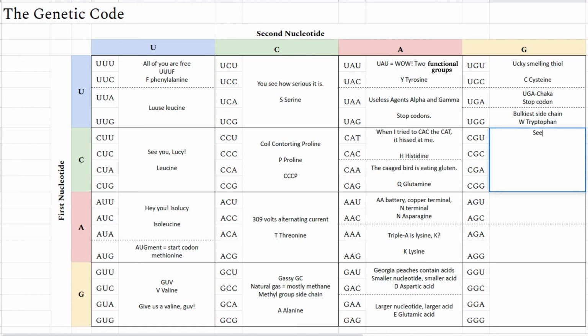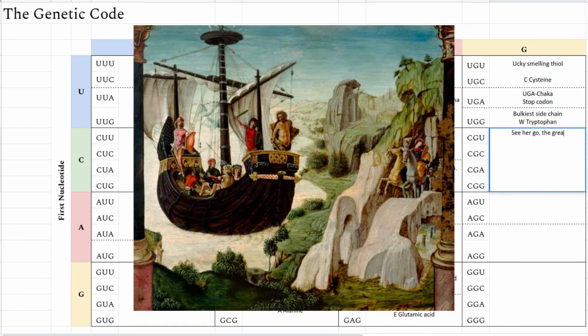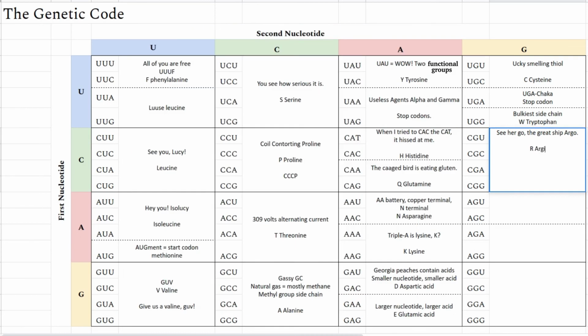For CG, see her go, the great ship Argo of ancient Greek legend. CG full block is arginine. For AG, we have two half blocks. AG, like silver, and CU, like copper, can be worth serious money. So here we have serine again.